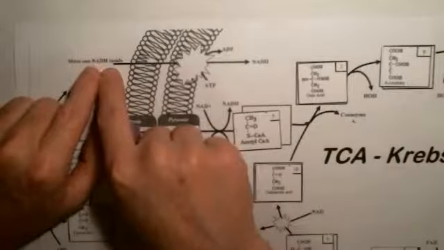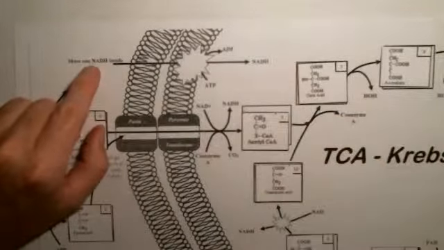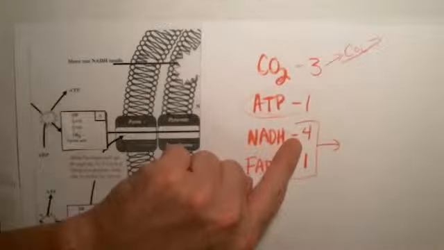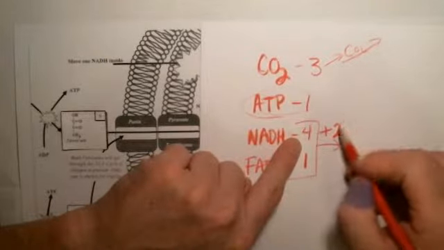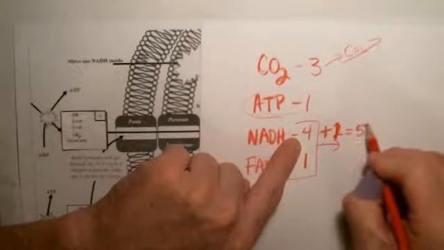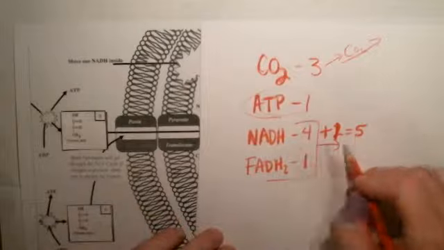And those 2 NADHs get moved to the inside. So we had our 4 NADHs that were formed in the Krebs cycle, plus the 1 other NADH from the pyruvate being made. That gives us a total of 5.